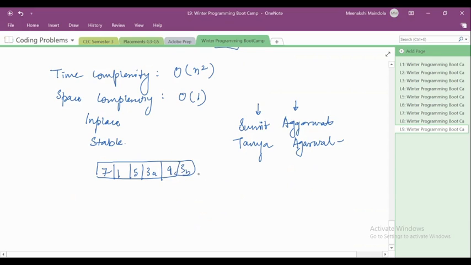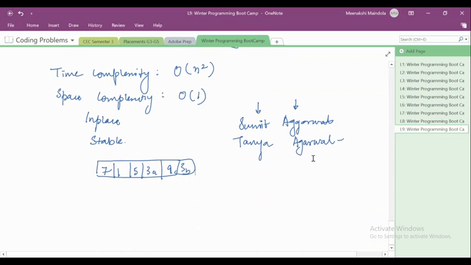Try to sort this particular array using bubble sort, and you will see that even in the output you are going to get 3A first and then 3B. It is not going to be in the order of 3B first and 3A then. So this is stability.